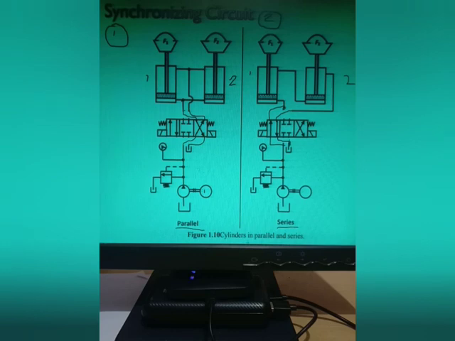When this comes to the reservoir, now what will happen? As the pump discharges the oil, this oil will go to the first actuator, and this first actuator will start moving in the upward direction. As it starts moving upward, whatever oil is stored in the first actuator will go to the inlet of the second actuator, and immediately after the movement of the first actuator, the second actuator will start moving in the upward direction.